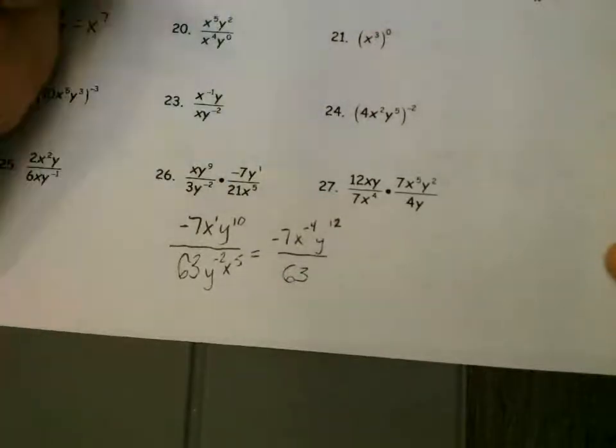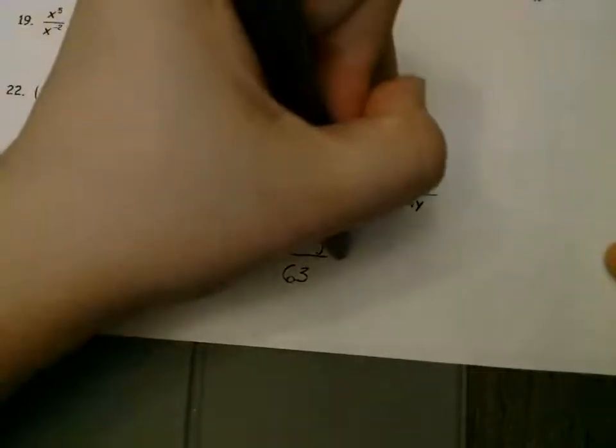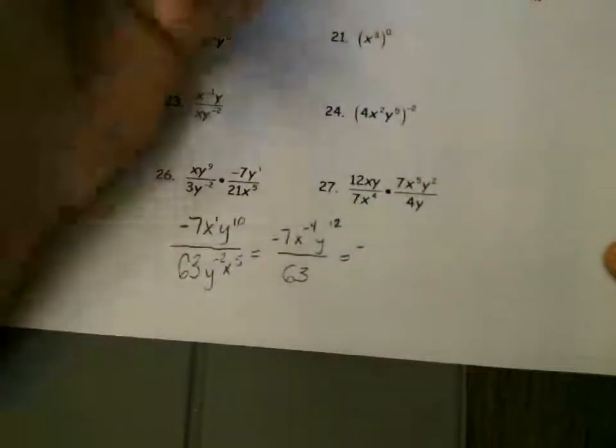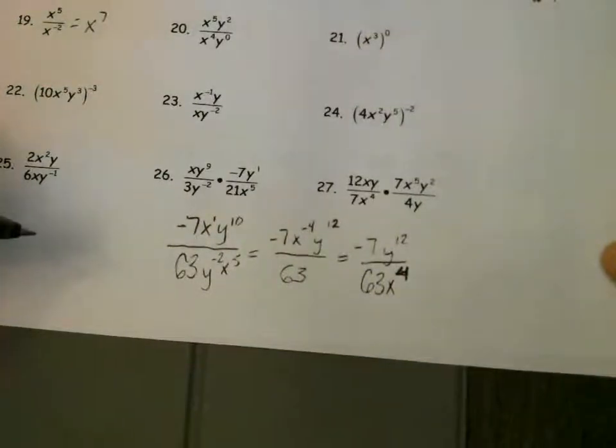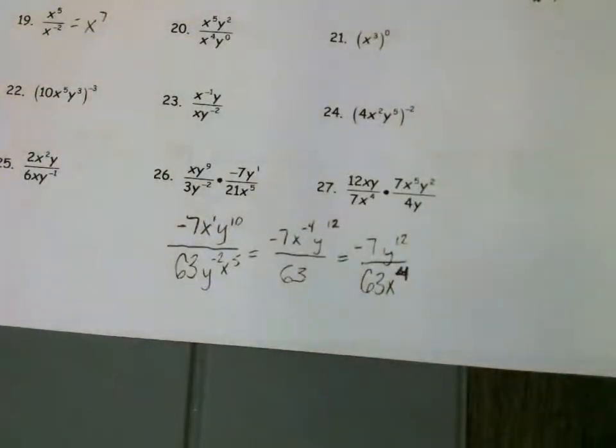Mrs. Coyle, there's a negative 4 there. So that means that I need to simplify further. I get negative 7 y to the power of 12 over 63x to the power of negative 4. Not negative 4, sorry, it turns into positive 4. Oops. All right. Can I simplify this further?